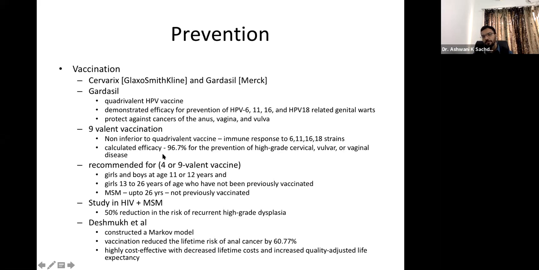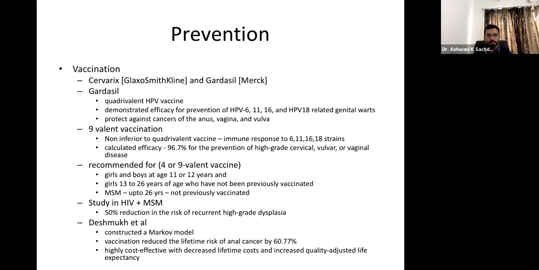So inclusion of other strains has not decreased the immune response to the most common strains, and the calculated efficacy is about 96.7% for prevention of high grade cervical, vulvar, and vaginal disease. And it is recommended, like in the cervix, for girls of age 11 to 12 years, and in this case also boys of 11 and 12 years, and girls between the ages of 13 to 26 years who have not been vaccinated previously.